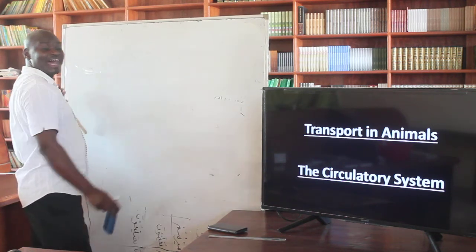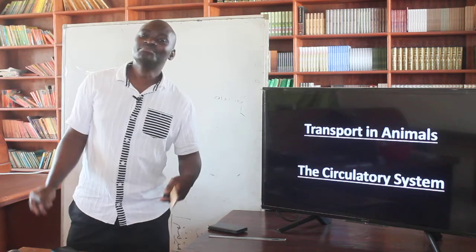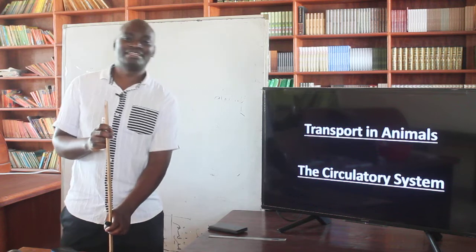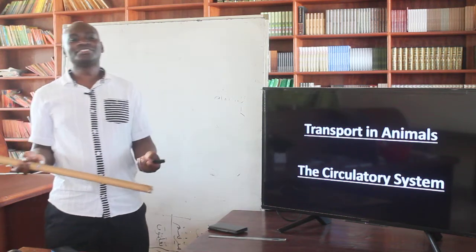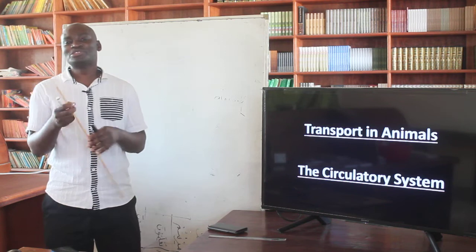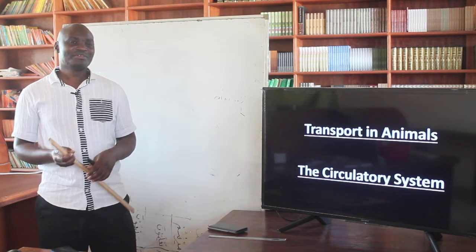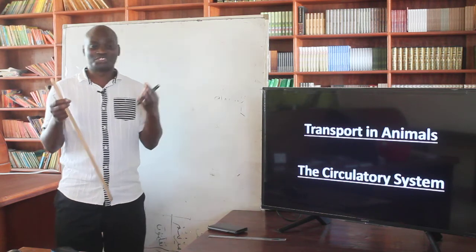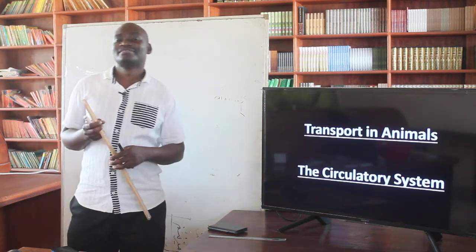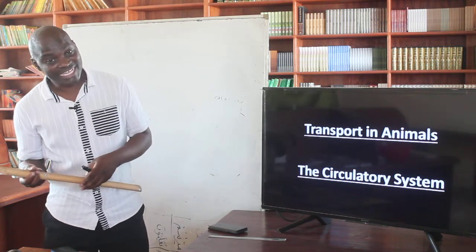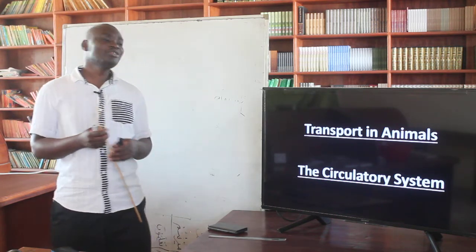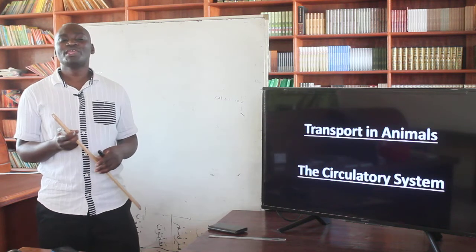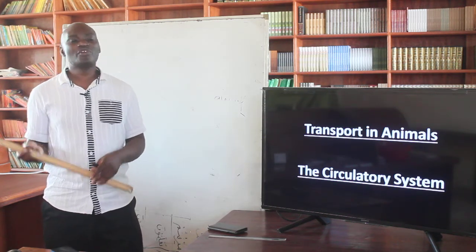Your body as a student is more complex compared to the body of plants. Look at the organs that you have in your body. Like when you talk of removal of waste, plants only have something like the stomata to remove excess water, and also waste gases like excess oxygen and excess carbon dioxide.